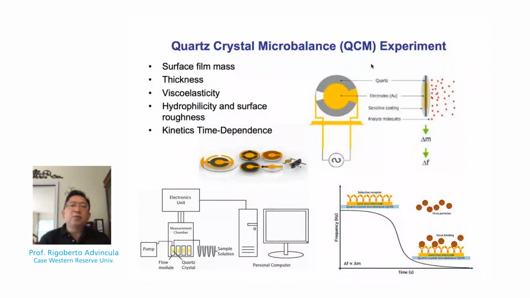So let us go directly now to what we term quartz crystal microbalance, or QCM. QCM is a technique, a method, an instrumentation that makes use of the quartz crystal to investigate many things based on the phenomena of the frequency relationship with the deposition of a mass or dielectric.